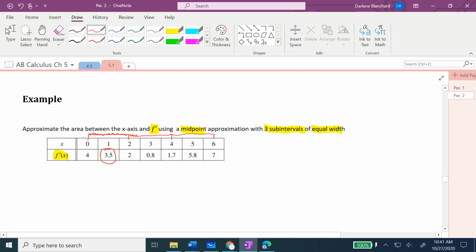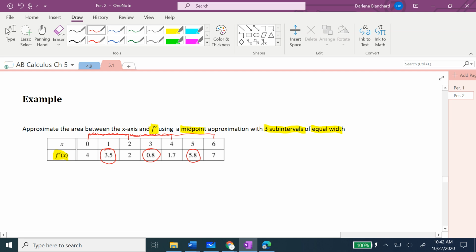In subinterval number 2, the midpoint of that x interval is 3, and the y value of that 3 is 0.8. And then third subinterval, midpoint along the x-axis is 5. You're going to plug 5 into the function.